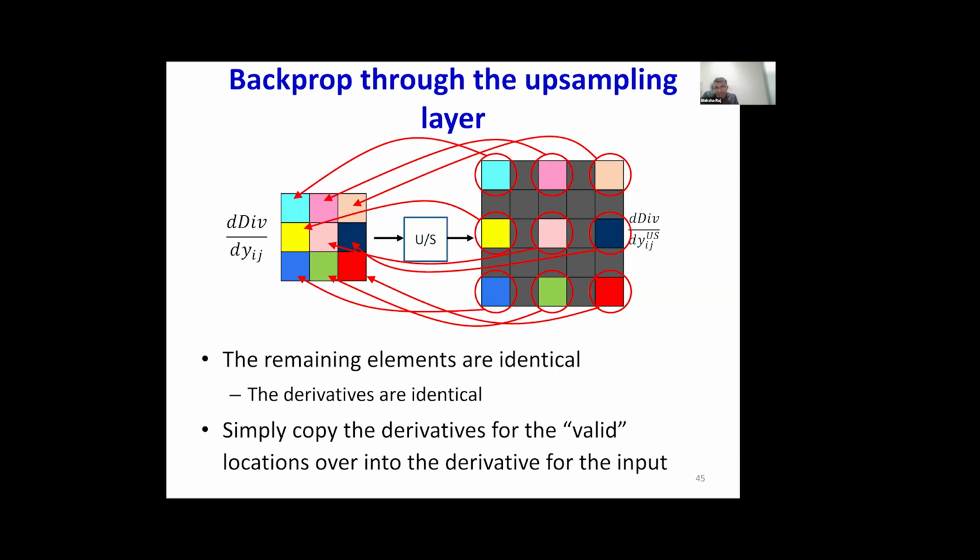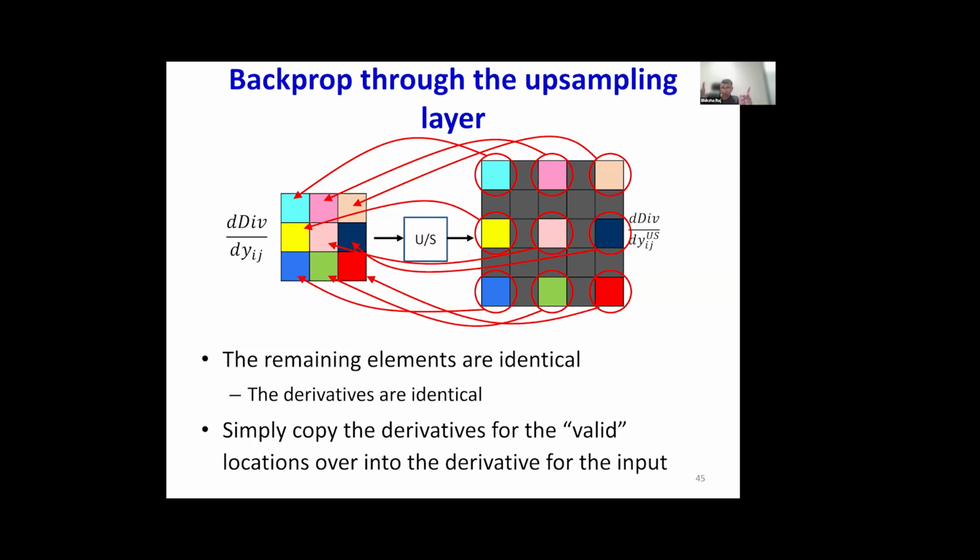And so if I simply use my upsampling code to perform backpropagation for downsampling, I'm going to have some funky stuff happening at the boundaries, and vice versa. So although backpropagation for downsampling is upsampling and backpropagation for upsampling is downsampling, these are not exactly the same operations as upsampling and downsampling when you're going forward, because of what happens at the boundaries.